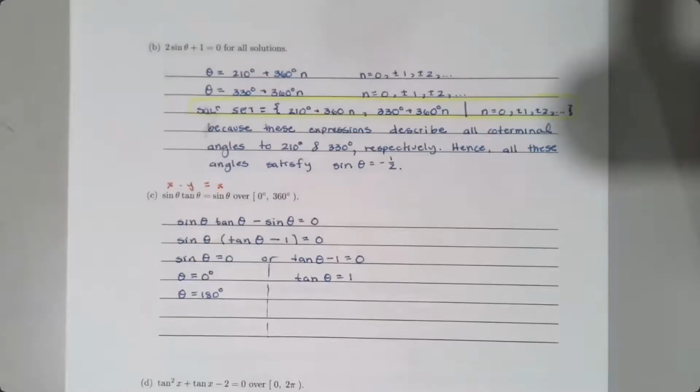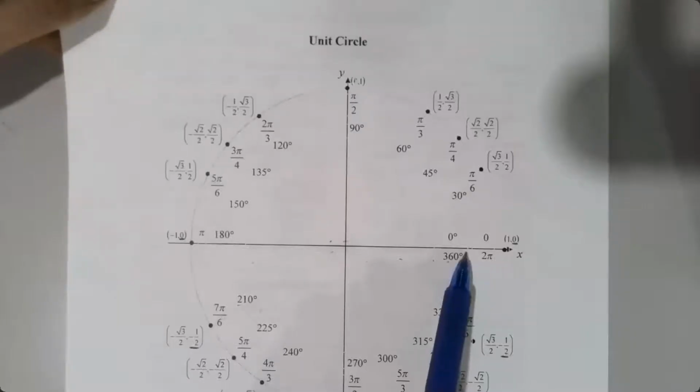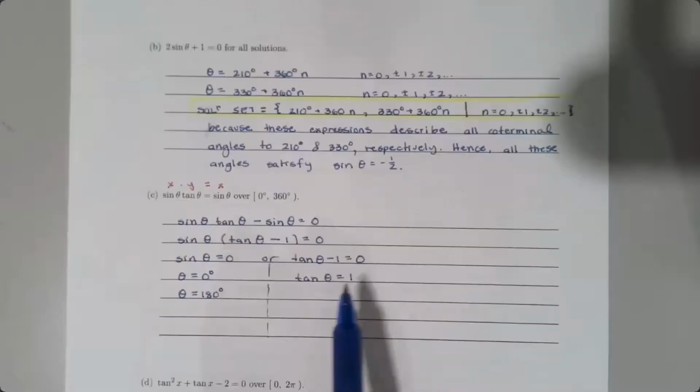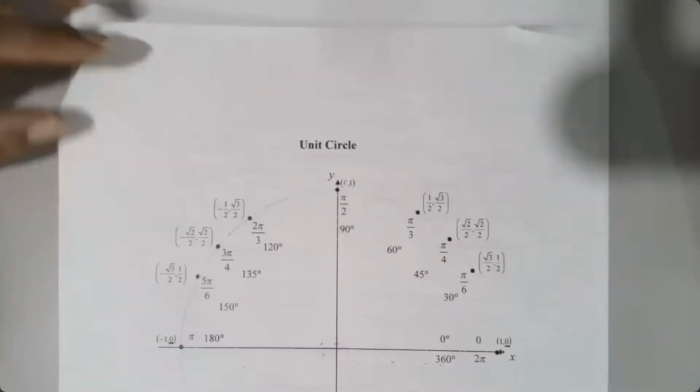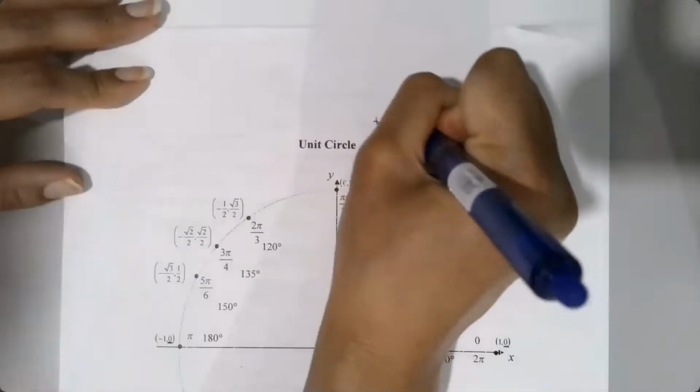What about for tangent? So we're done with the sine, right? Those are the only two places where sine is equal to 0 in one cycle. What about for tangent? Where is tangent equal to 1? To help us out, let's remember what is tangent of theta on the unit circle. It's going to be y over x.